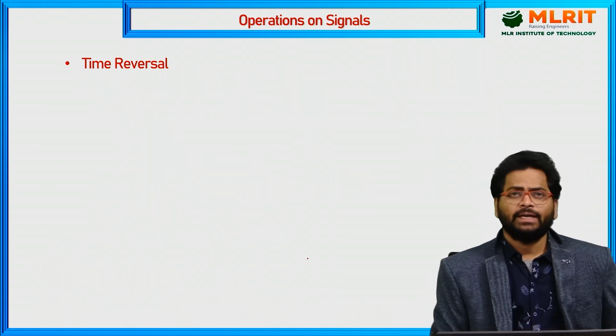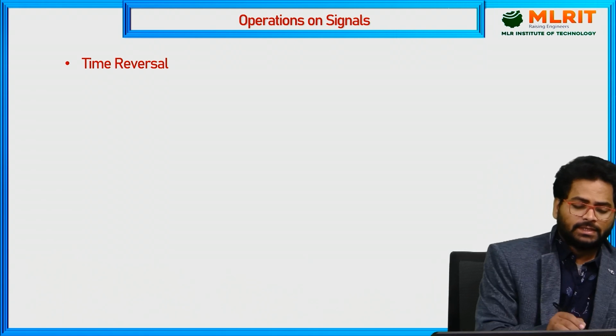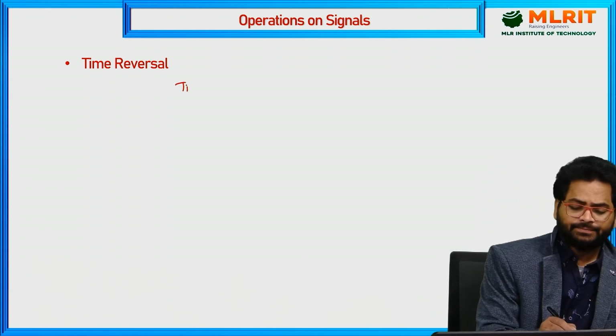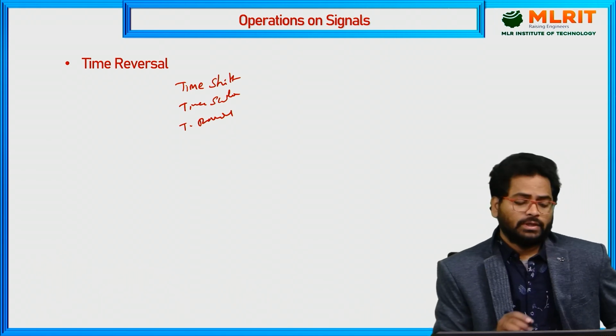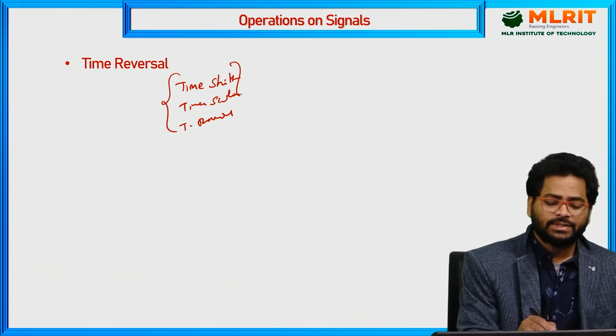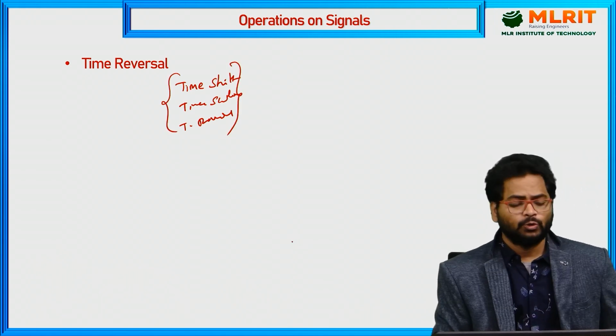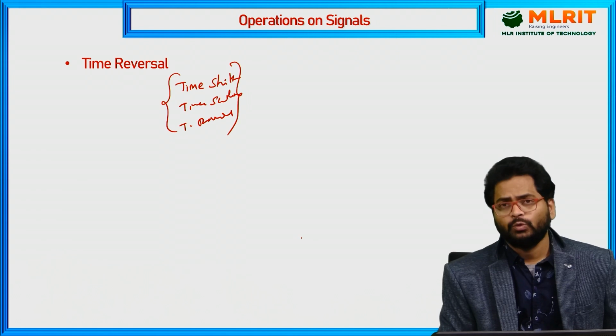We have three basic operations. One is time shift, next time scale, next time reversal. If I need to do these three operations on a signal, which one am I supposed to do first of all?